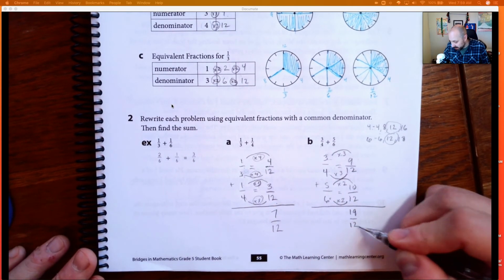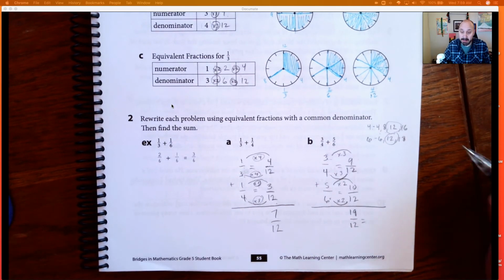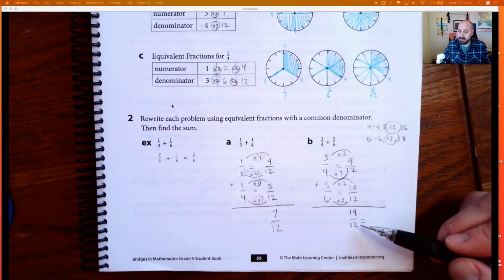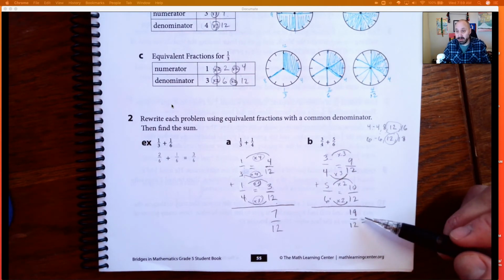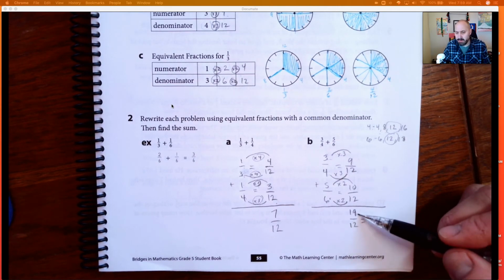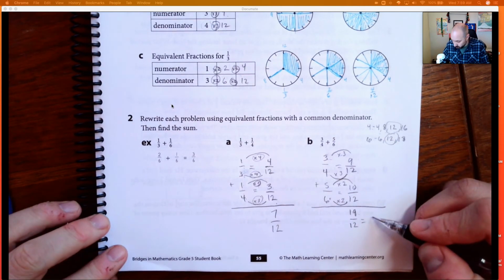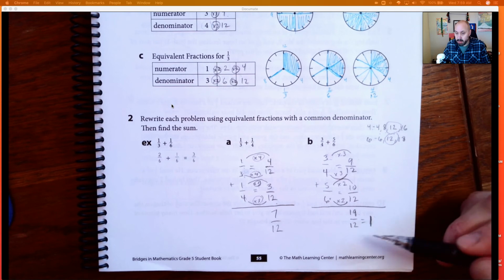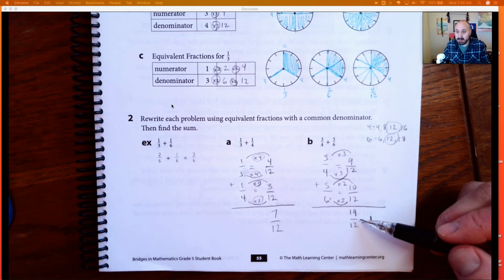Denominator stays the same. 19 twelfths is an improper fraction. We need to make that a mixed number. So we ask ourselves, what is 19 divided by 12? And the way we figure that out is, how many times can 12 go into 19 without going over? 1, just one time. So 12 times 1 is 12, and then how much is left over?